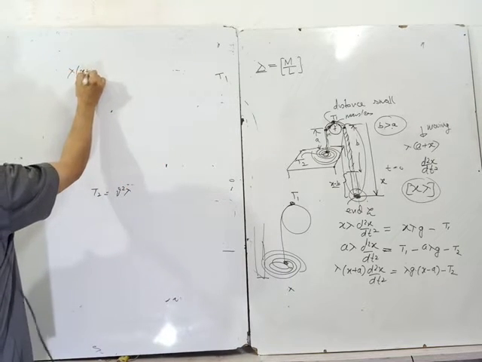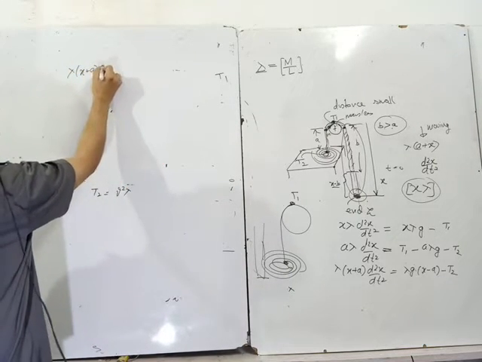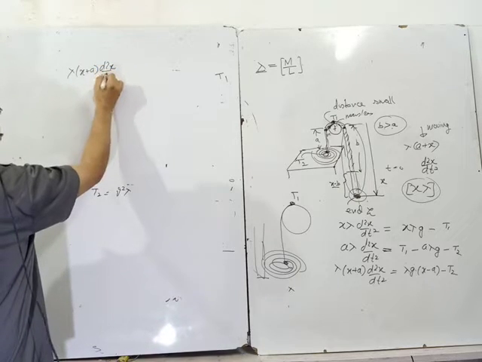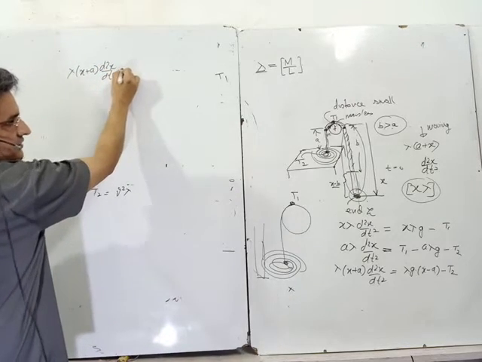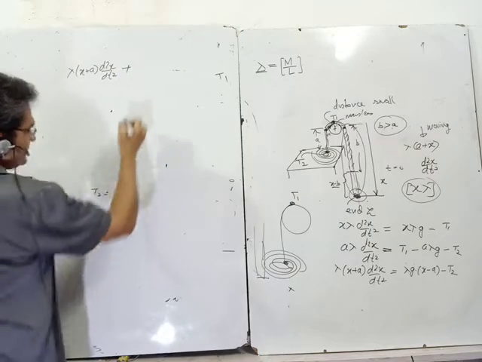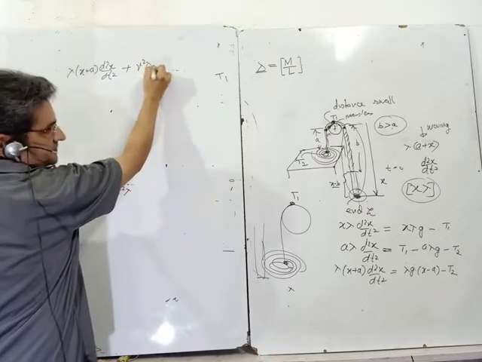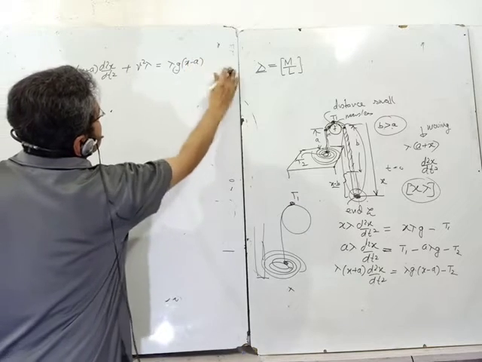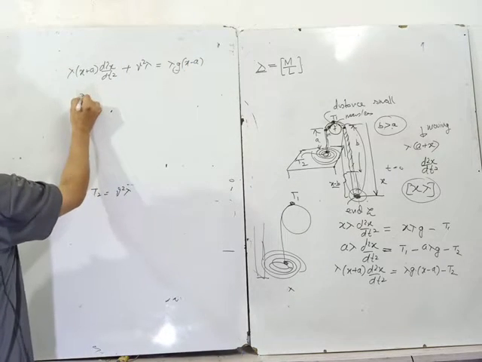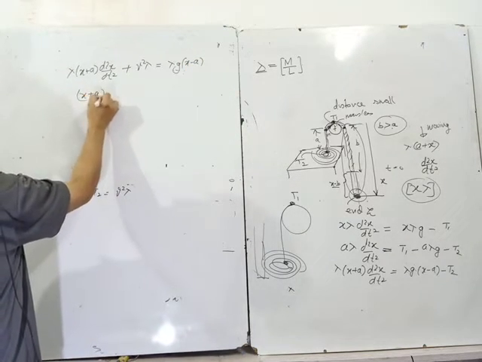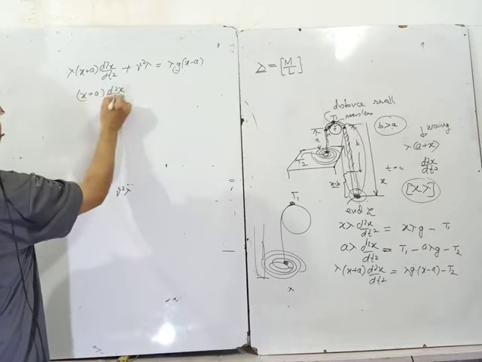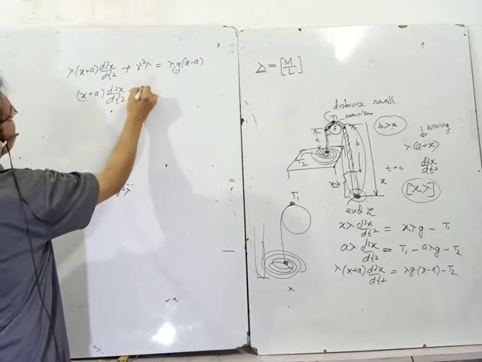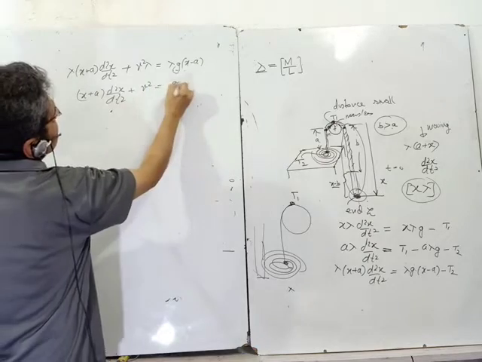Lambda times (x plus a) d square x upon dt square plus T2, which is v square lambda, is equal to lambda g (x minus a). Lambda gets cancelled, so it is (x plus a) d square x upon dt square plus v square is equal to g (x minus a).